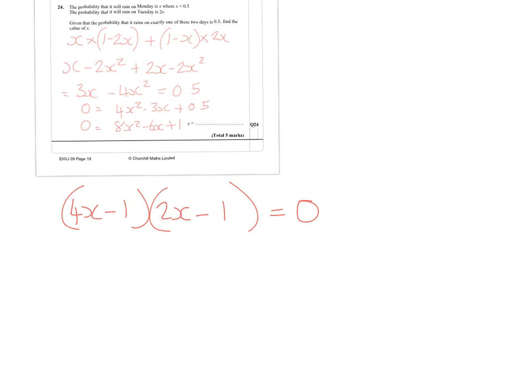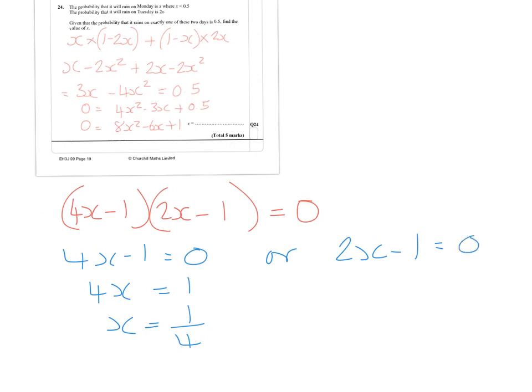To get my values, I set each of those sides equal to 0. So 4x minus 1 equals 0, that becomes 4x equals 1, x equals a quarter. Or the other bracket, 2x minus 1 equals 0, 2x equals 1, x equals a half.